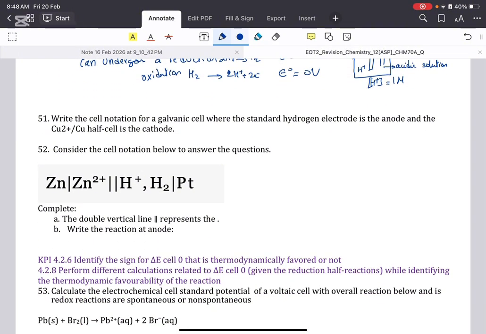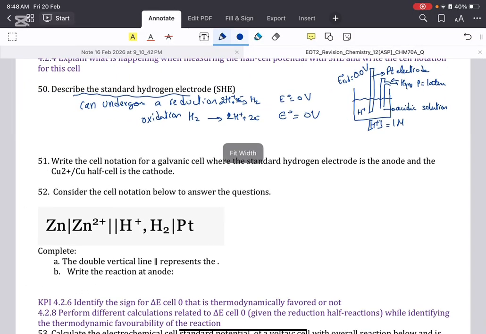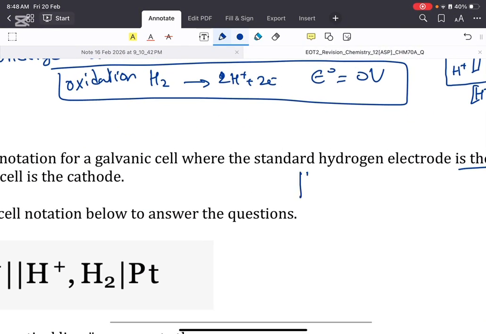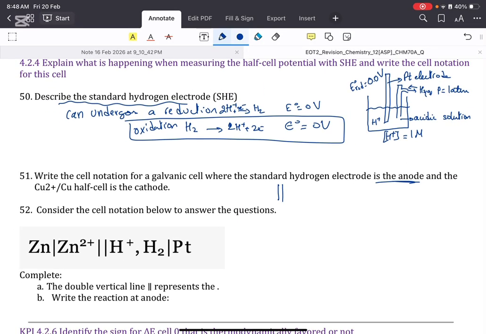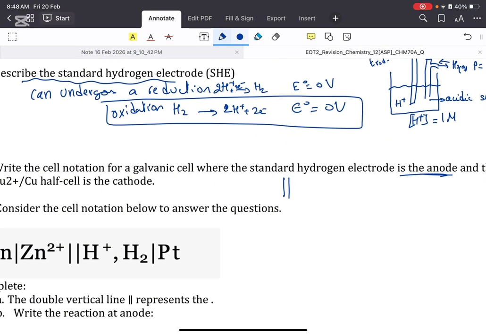Write the cell notation of a galvanic cell where the standard hydrogen electrode is the anode. So I'm going to do this one, and the other one is the cathode. As you know, there's the salt bridge. On this side we put the anode, on the other side we put the cathode. Now if the hydrogen cell is operating as an anode, it is hydrogen gas to hydrogen ion.